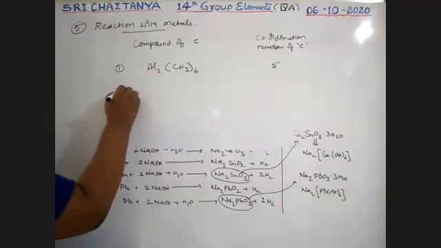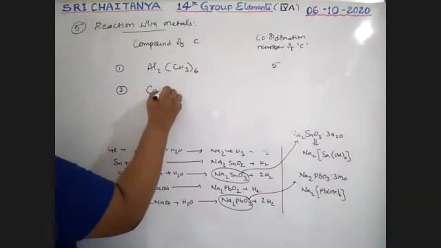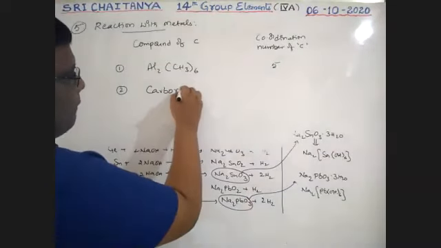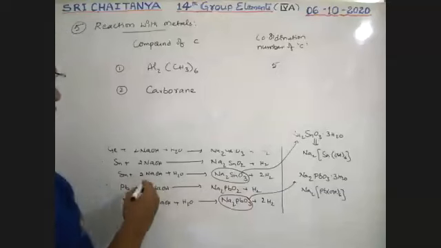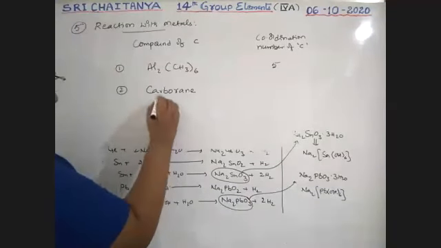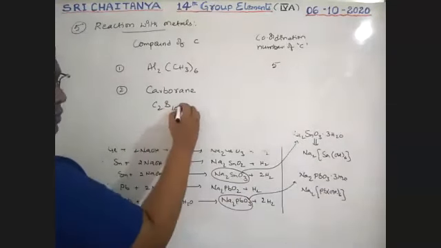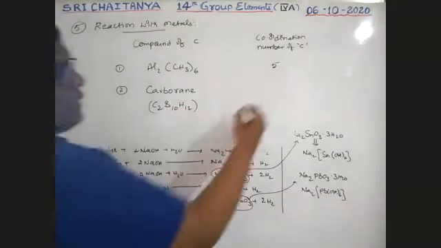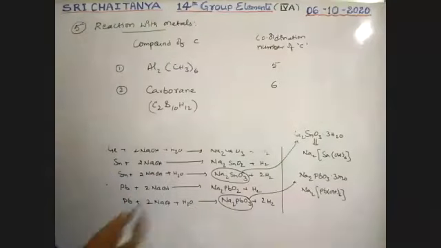Next, the second one, carborane. Carborane formula is C2B10H12. Here the coordination number of carbon is 6.